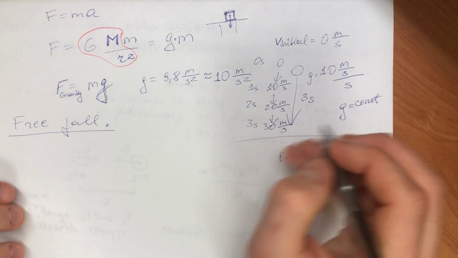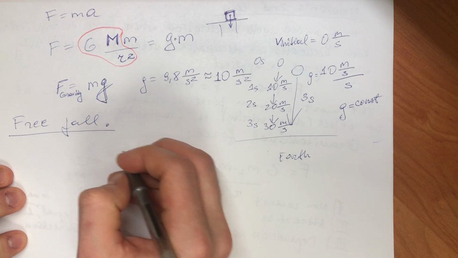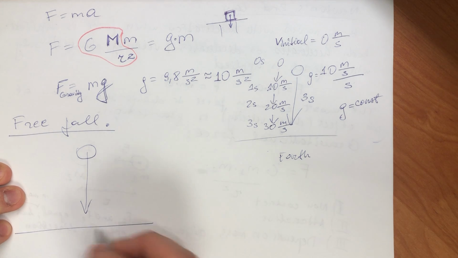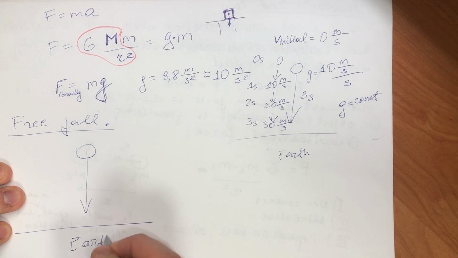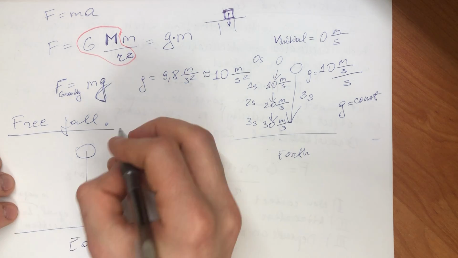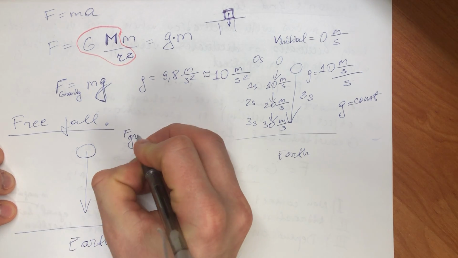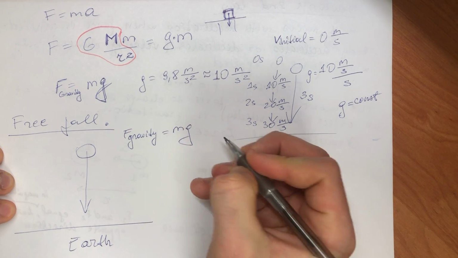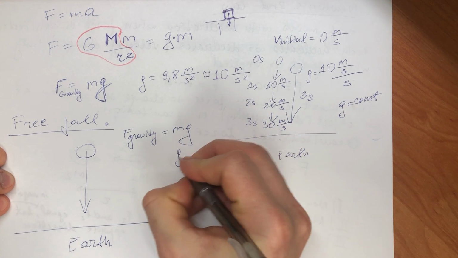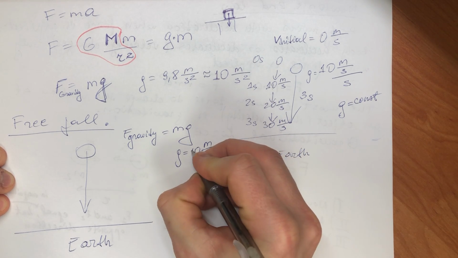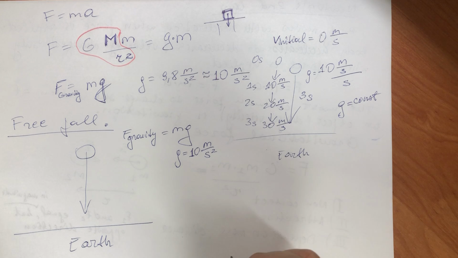We can write it once more: the object is falling down to the Earth. Gravity is attracting it. Gravitational force F gravity is mg. g is 10 meters per second per second.